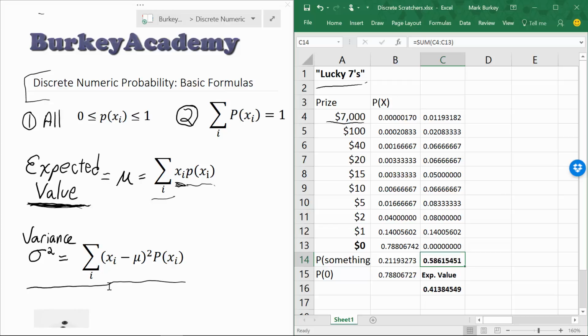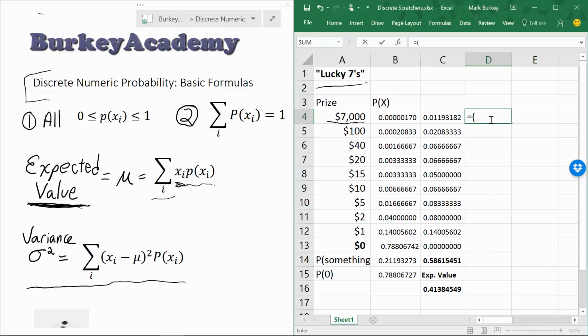So the variance formula says, take each value for x, the amount that we could possibly win here, subtract the mean, so the mean is that expected value of 0.586, square that difference, and then multiply it times the probability. And after you do that, add all those things up. Okay, so let's do that in this column over here and calculate the variance.